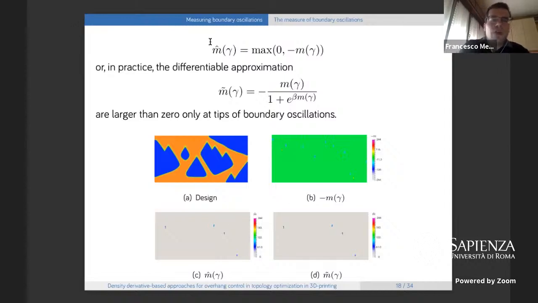If we then apply either the projection M hat or the differentiable approximation, we obtain the results at the bottom of the figure, respectively on the left for M hat and on the right for the differentiable approximation. These two functions are 0 everywhere, except where tips of boundary oscillations occur in our oscillating design.